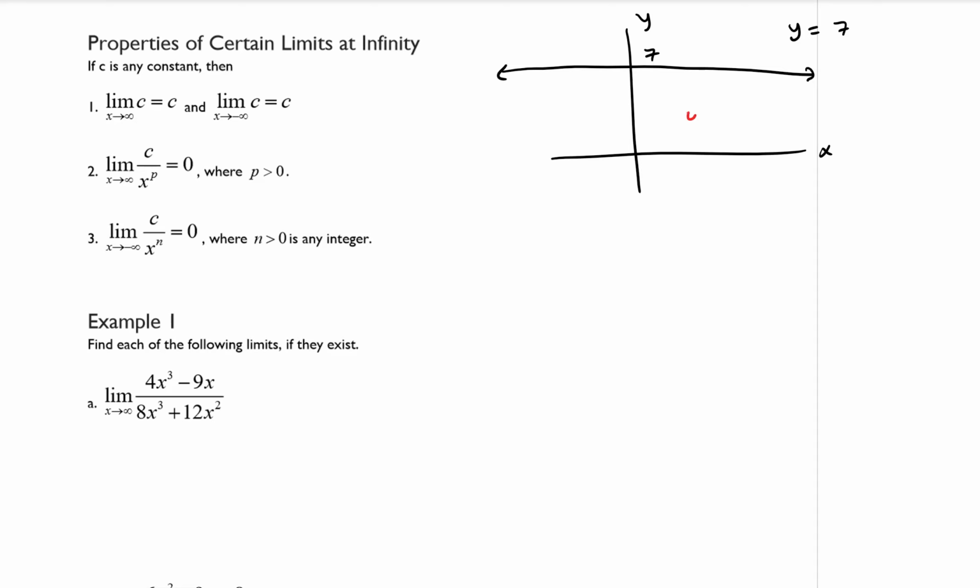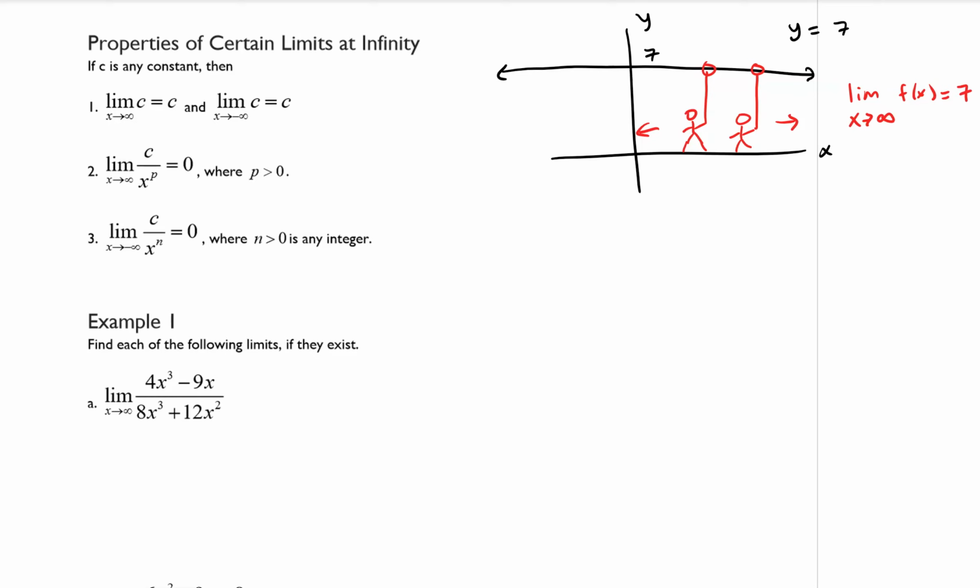And so if you had your little kid walking along forever in either direction, to the right or to the left, in both of those scenarios, the limit of the function is just going to equal whatever the constant is.